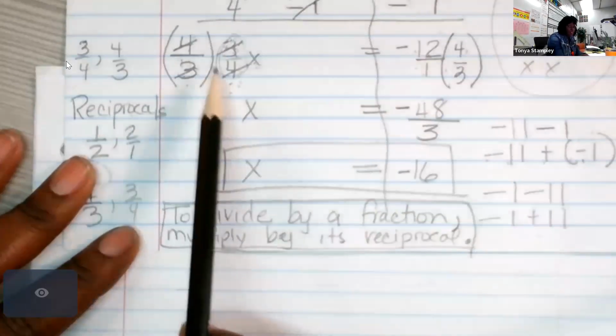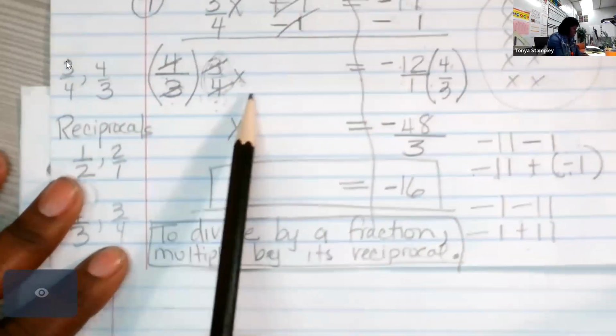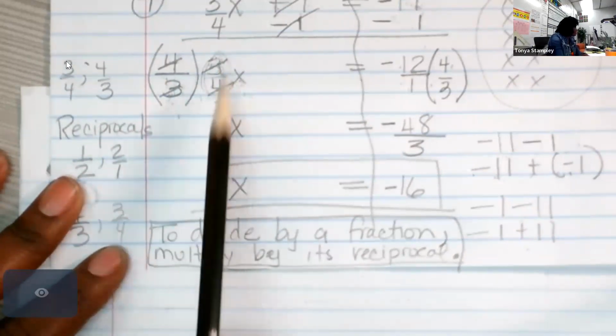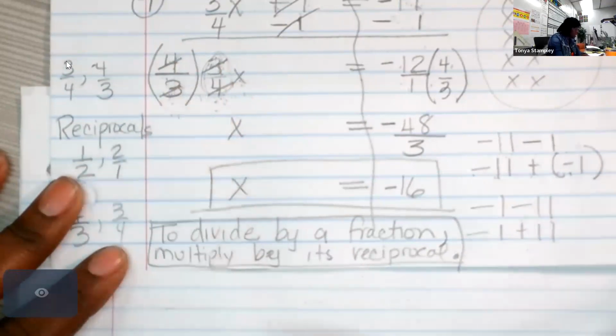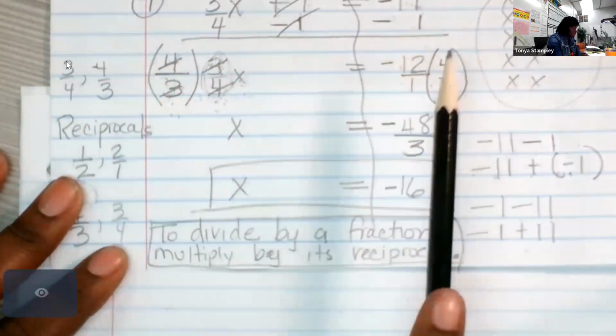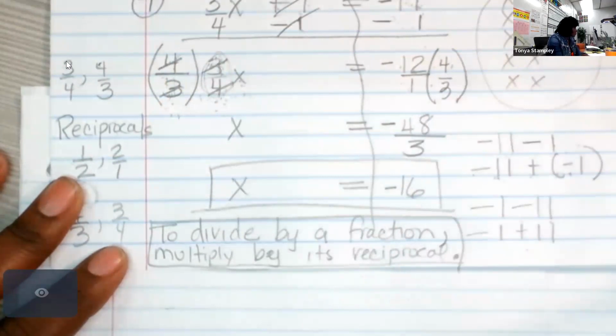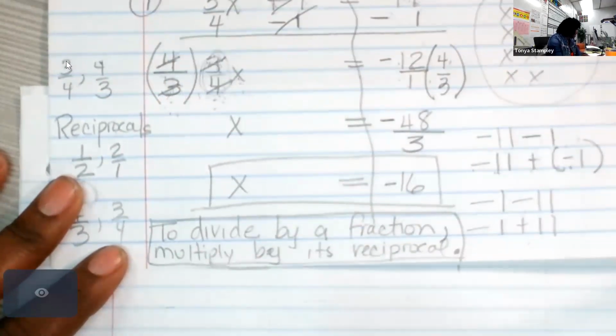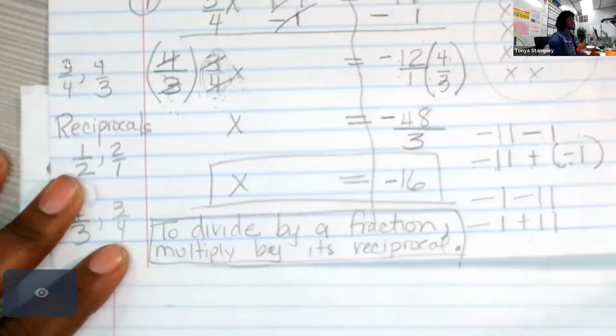So to divide by this fraction that we got here, this 3/4, we need to multiply by its reciprocal. And the reciprocal of 3/4 is 4/3. And then whatever we do to one side, we must what? Do to the other. Does this note we just made make sense? Yes? All right. Let's try a problem.